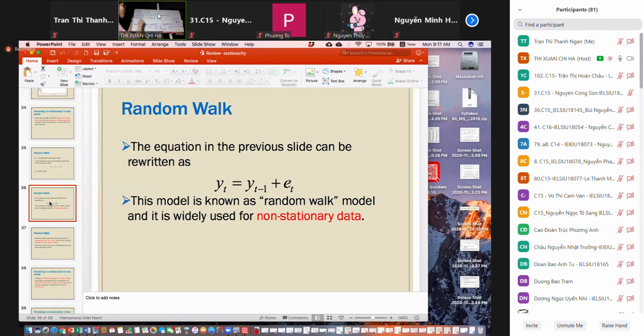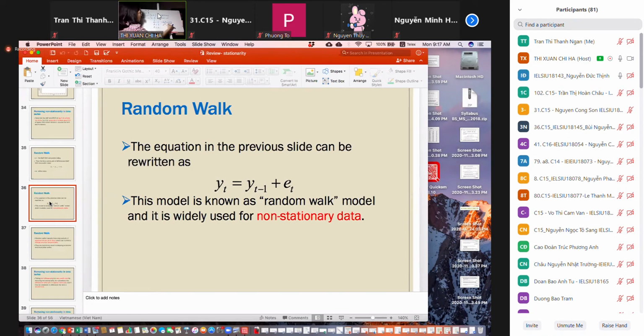So for ARIMA, you can use it when your data is non-stationary. It means D can be equal to 0, D equal to 1, and D equal to 2. If D equals 0, the data is already stationary. If D equals 1, the data is non-stationary, but you take the first difference.